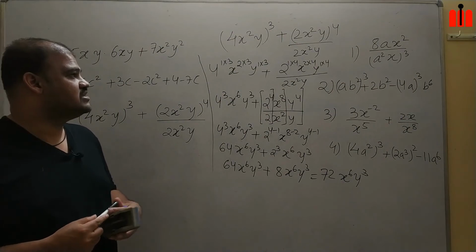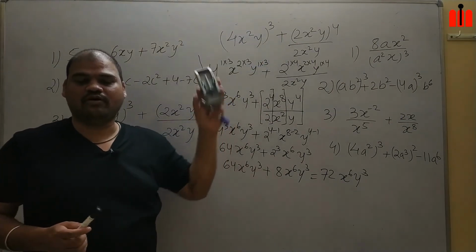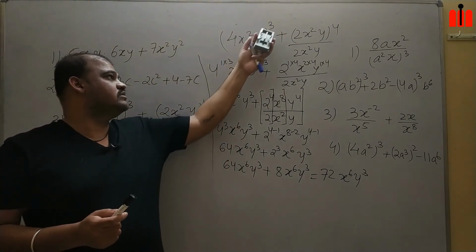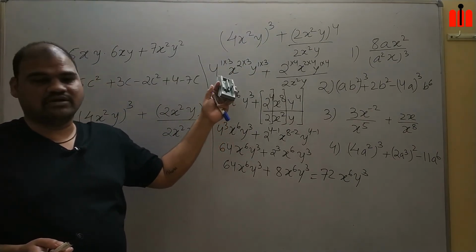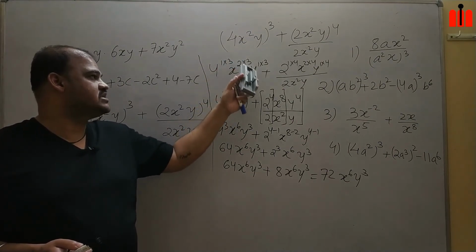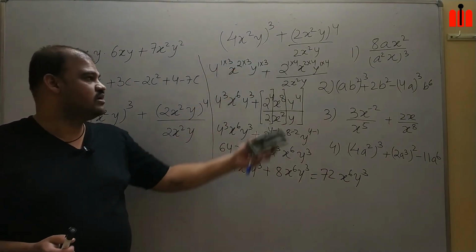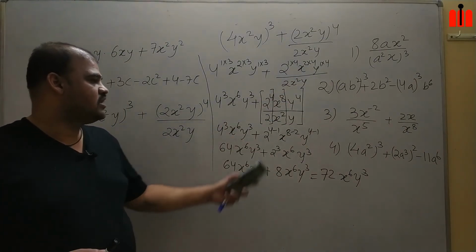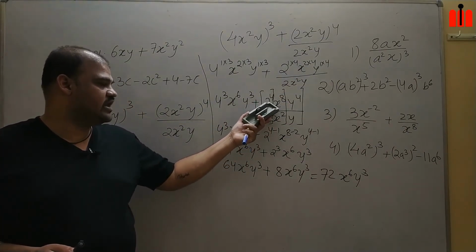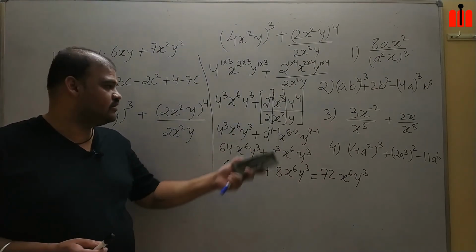So what we had done in this, first we had done a to the power of m power n. That formula we had used. So we got the individual powers. 4 power is 3, x 6, y is 3. And another one, 2 is 4, x is 8 and y is 4. Now we had done a to the power of m by a to the power of n.